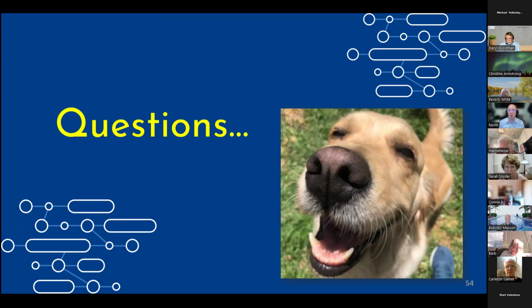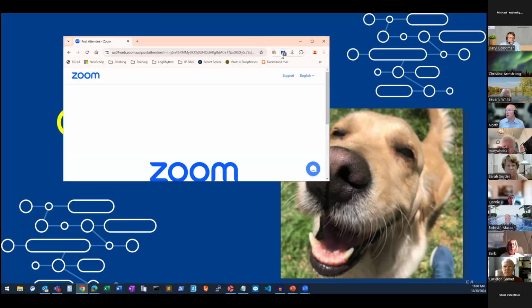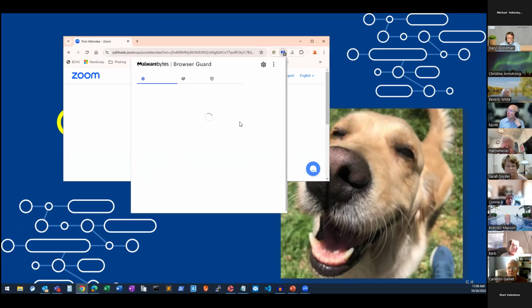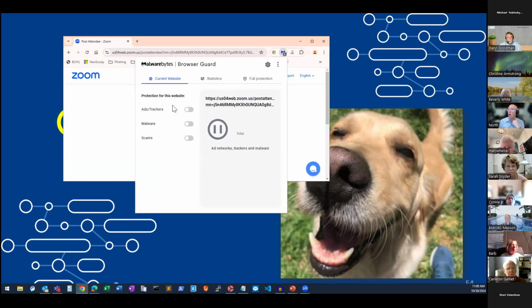It takes a second or two, and then it automatically works. What that looks like is it pops up here, and then you can actually control from site to site what's blocked. So you can turn your ad tracker on or off, your malware blocking on or off, or scams. You have individual control over that.